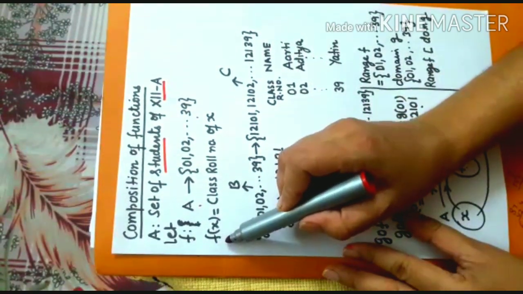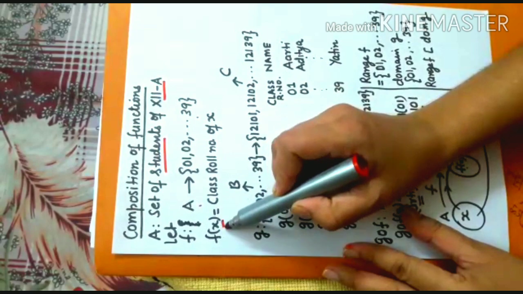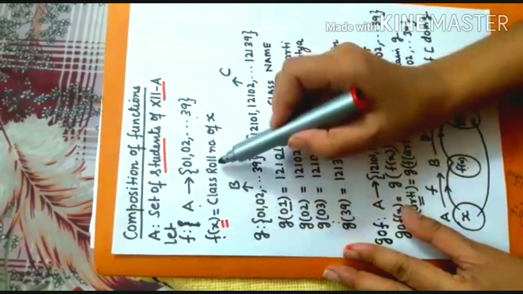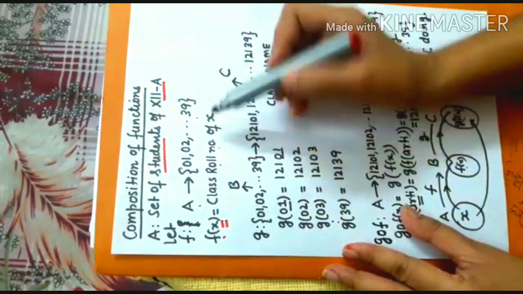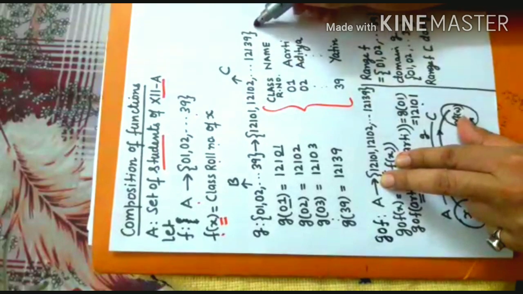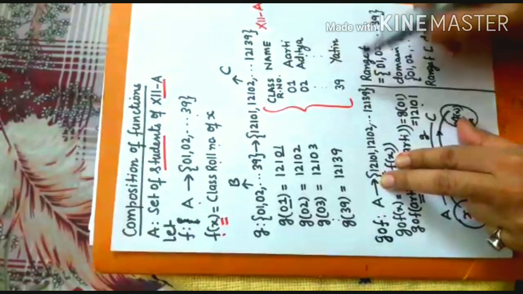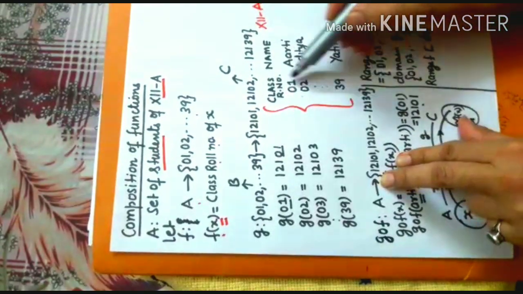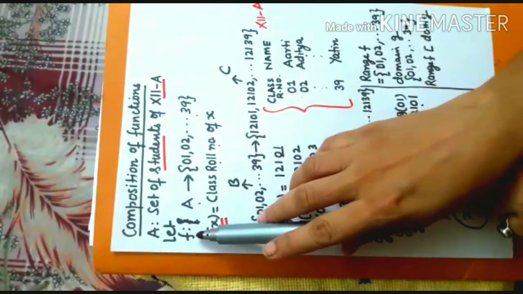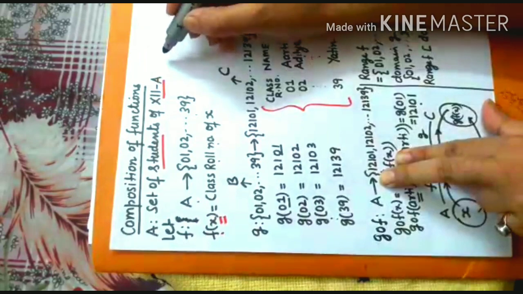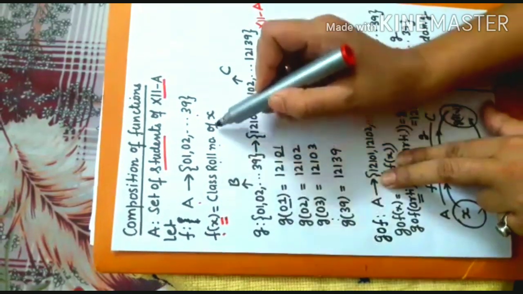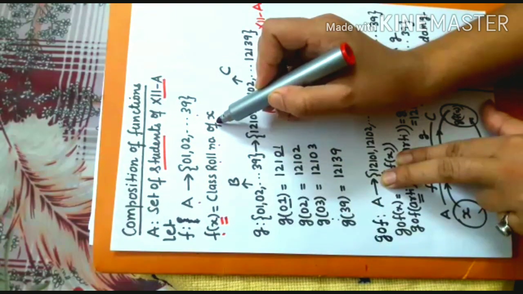And function is defined as image of x under the function F is equal to class roll number of x. Now, here is the list of students of 12th A, and these are their class roll numbers.